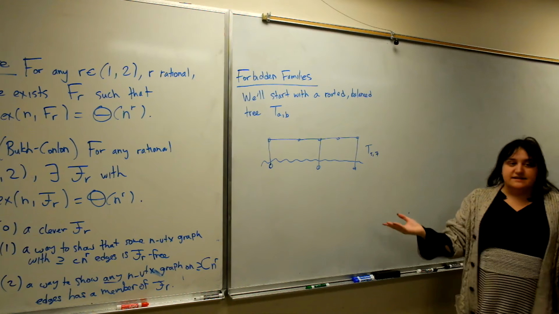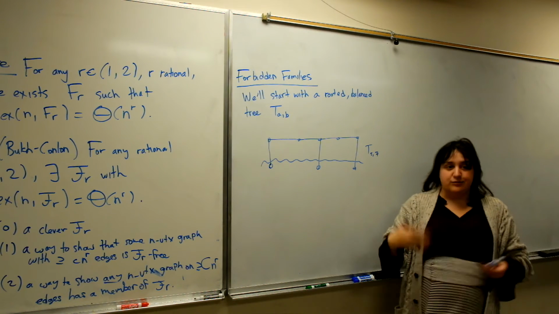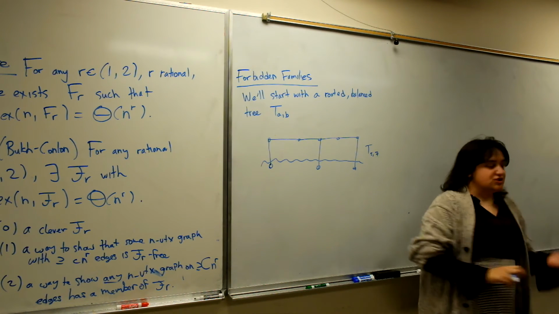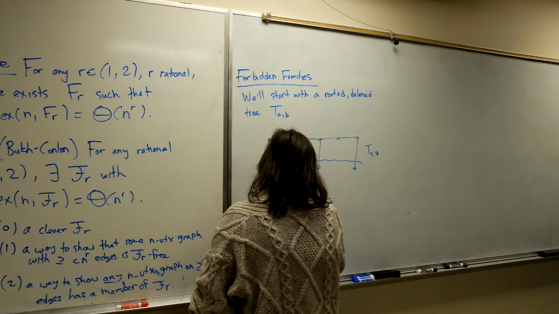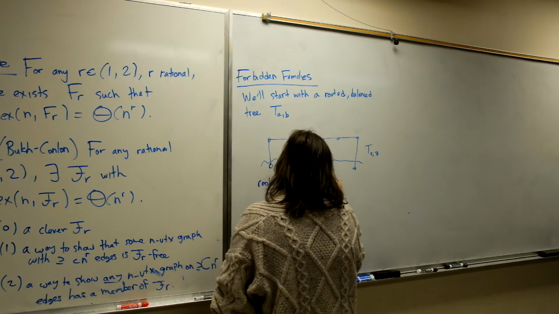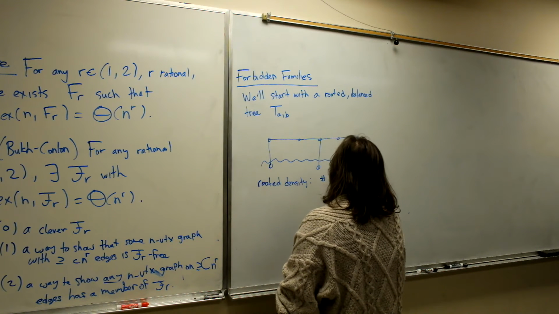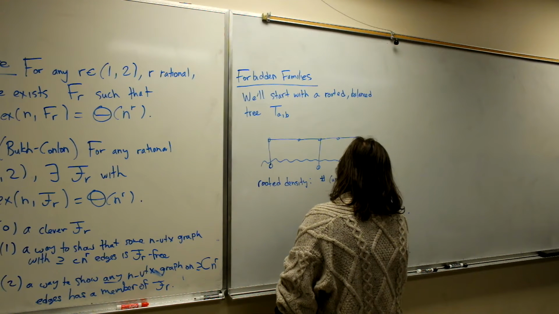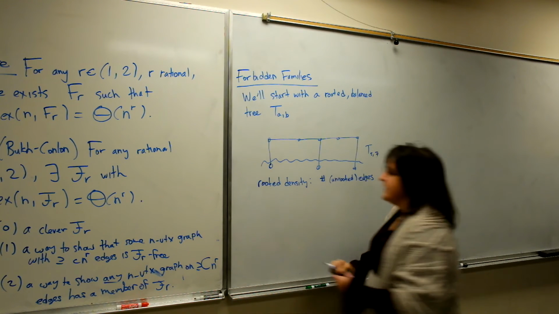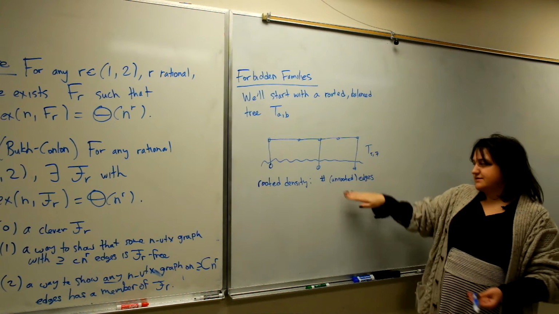Now, the rooted density of a rooted graph is just the number of, I'll say parenthetically, unrooted edges. Here, of course, we have no edges in the root set, so this is all edges.